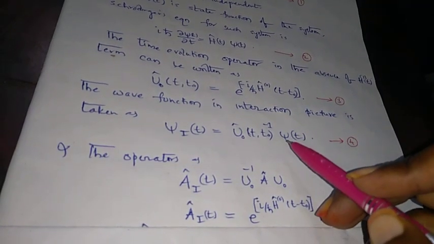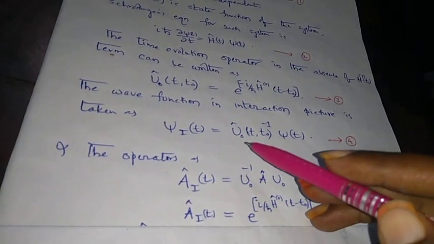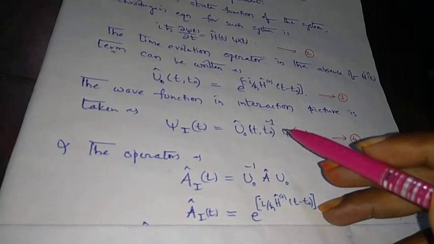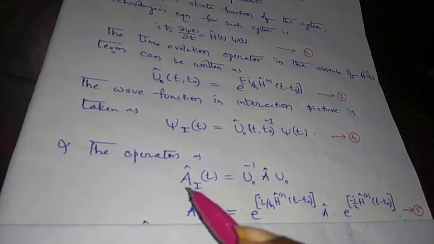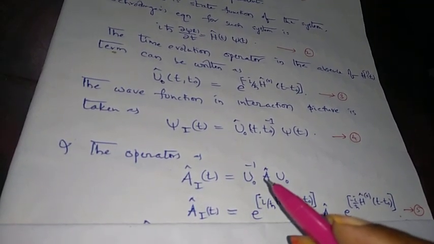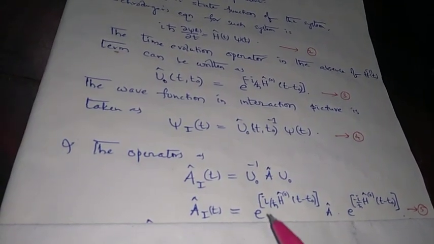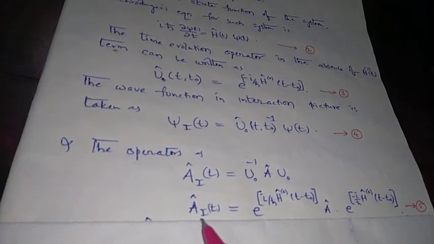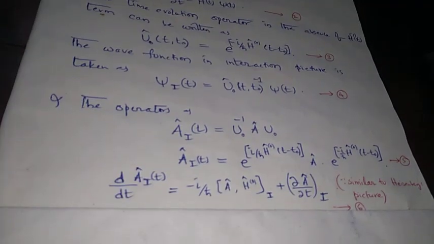When psi t was transformed to psi sub I t under this unitary transformation, then operators have to be transformed to A I t by U0 inverse A U0, and when we substitute for that U0, we get this for the operators in interaction picture, and we call this equation number 5.